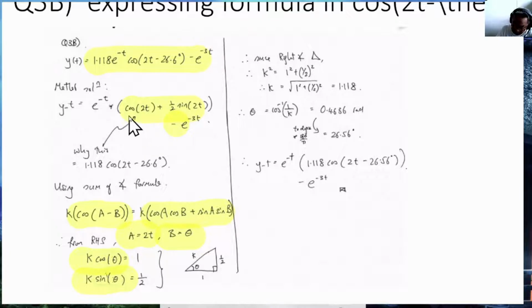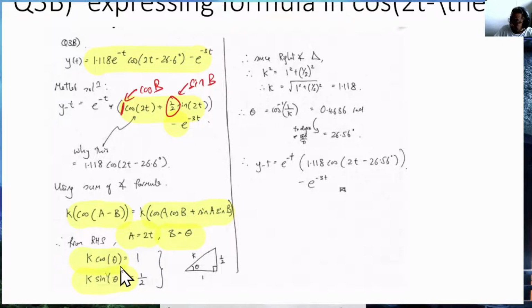Or in our example, our value is 1 and half for cosine b, this one, and this guy is sine b, and therefore we can find K and theta.